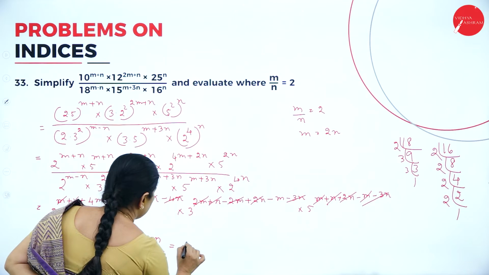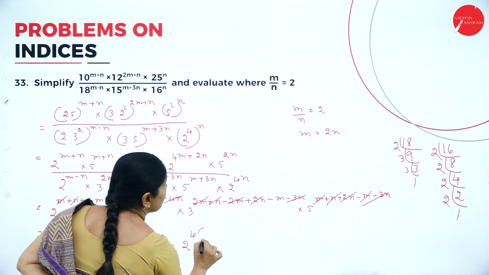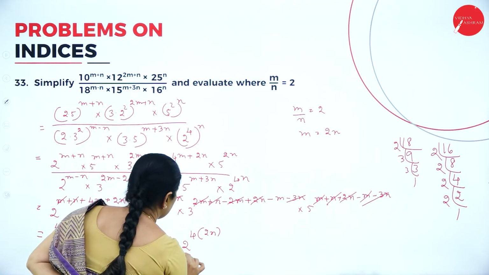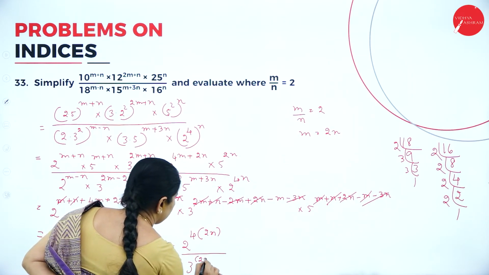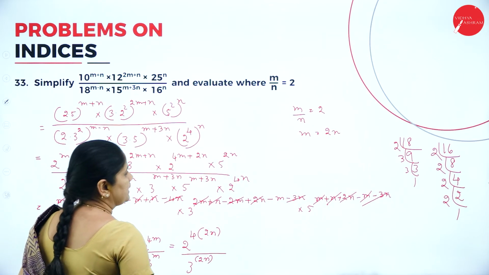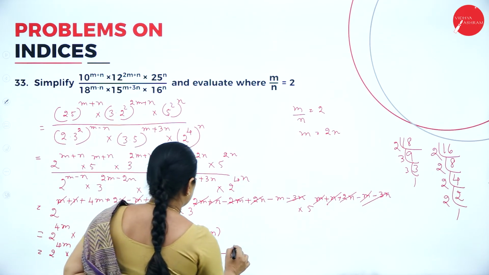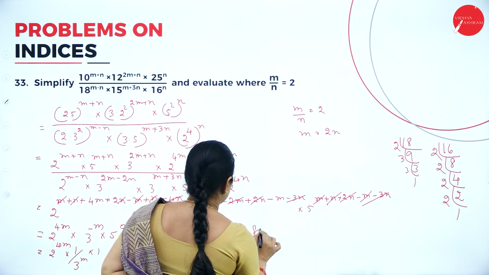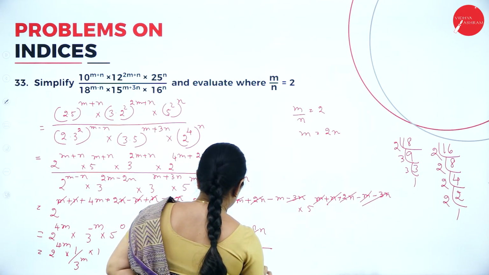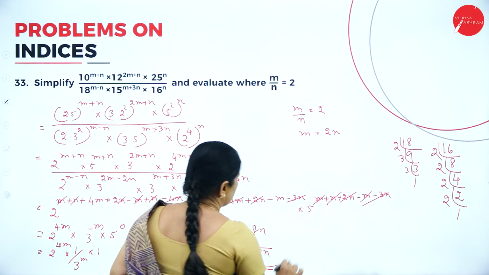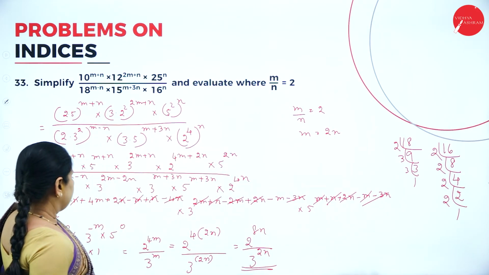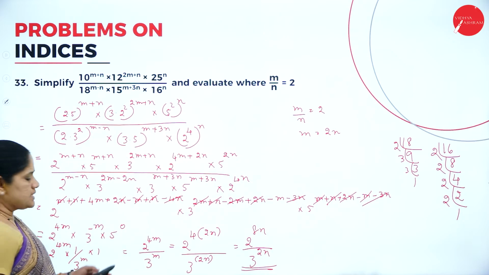So this will be 2 to the power of 4 into 2n whole over 3 to the power of 2n. Instead of writing m, I am writing 2n. So this will be equal to 2 to the power of 8n divided by 3 to the power of 2n. So this is the answer. So we should simplify it in this way.